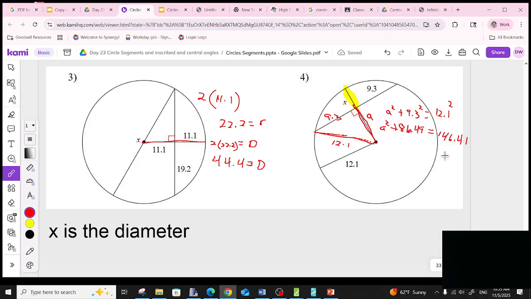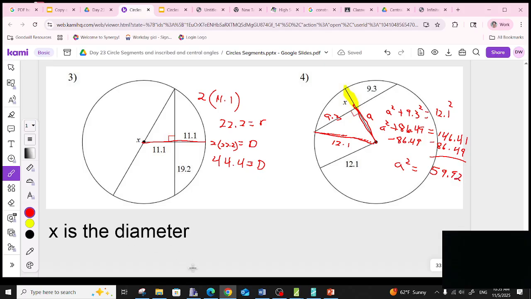What am I going to do with 86.49 and 146.41? I'm going to subtract. And we get a squared is equal to what? 59.92. Is that what you said?